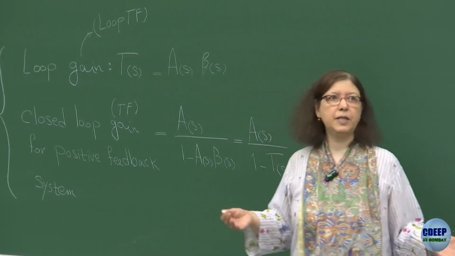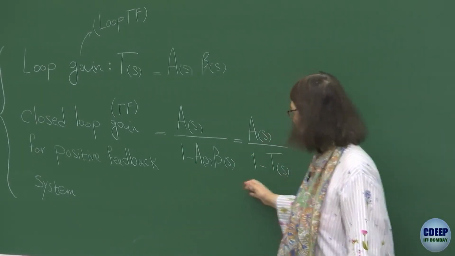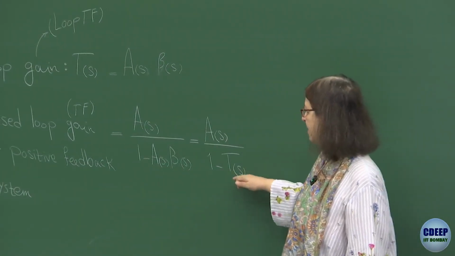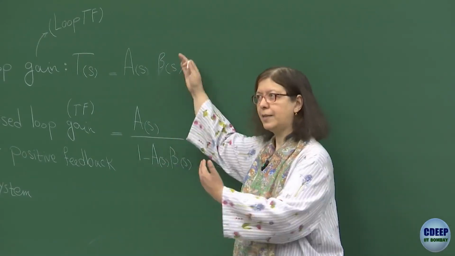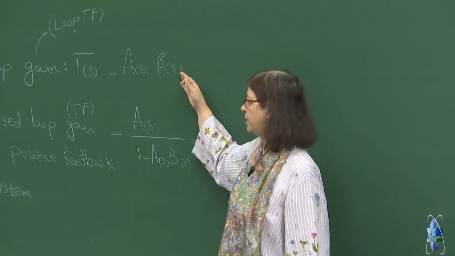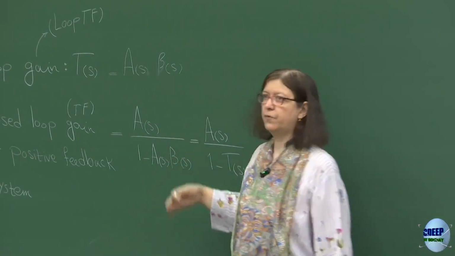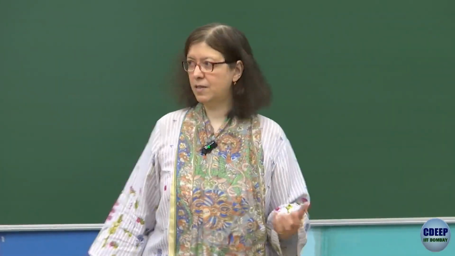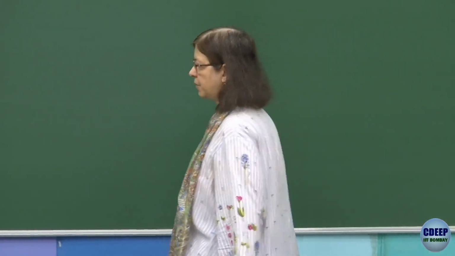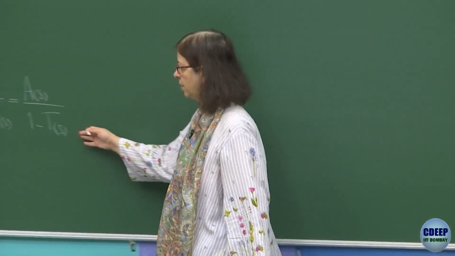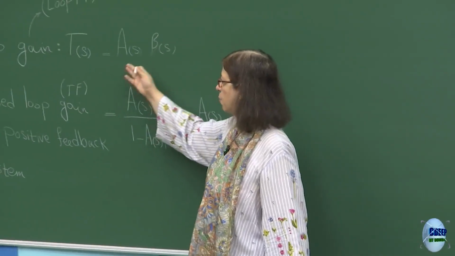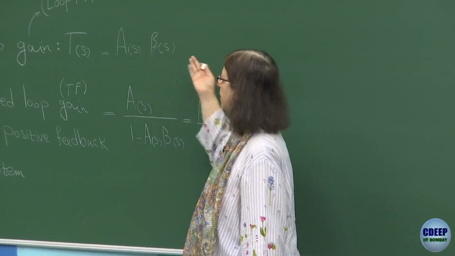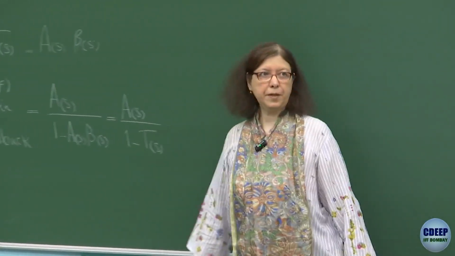But both of them will give you the same response, which comes from the poles of this transfer function, which is when T(S) is equal to 1. So it's quite consistent. Either you follow this method or that method for finding the natural frequencies. Natural frequencies come from the roots of this transfer function, or they are the frequencies at which T(S) will be equal to 1. Okay.